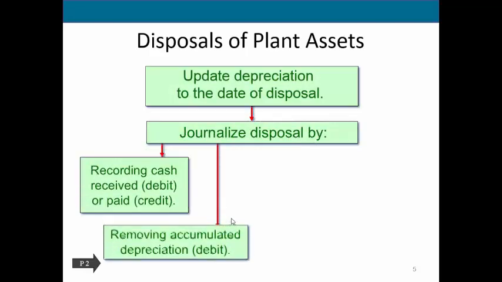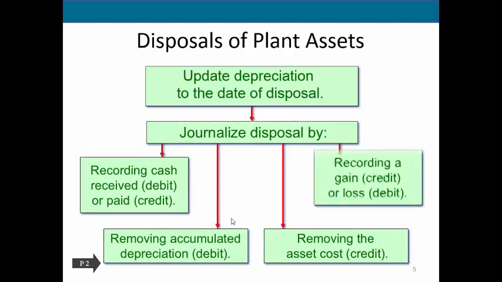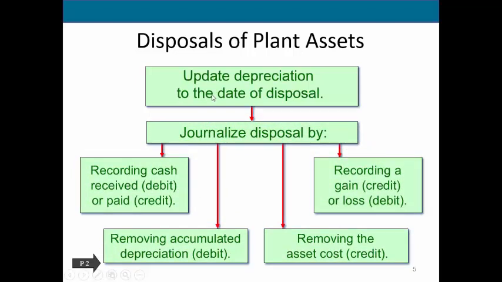So whenever we're going to dispose of a plant, the first step is we have to update depreciation to the date of disposal. So rather than leaving our depreciation as it was at the end of the previous year, we need to bring it up to date. So let's say it's the year 2016, and let's say that we decided on April 1st to sell a building.